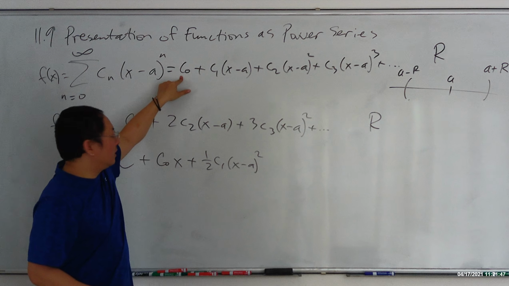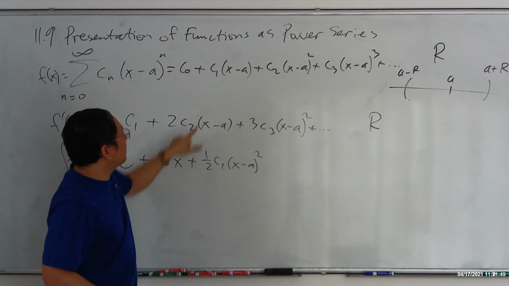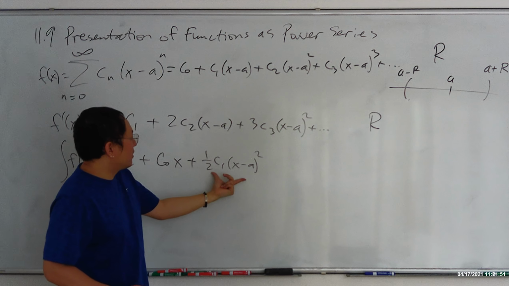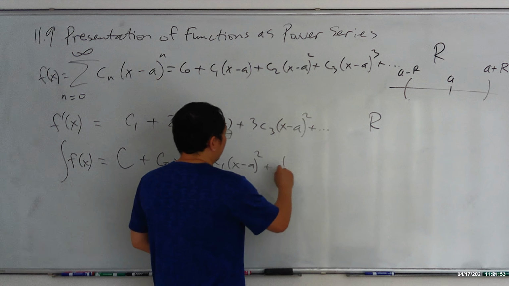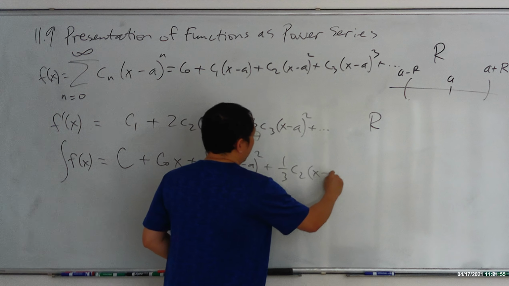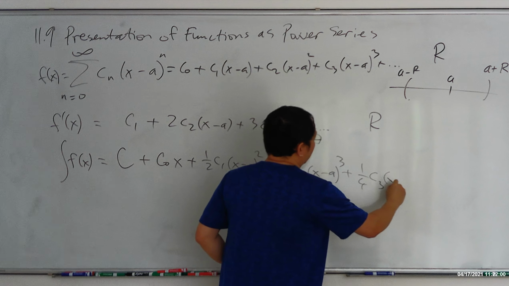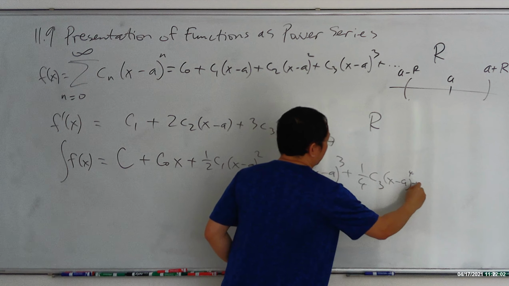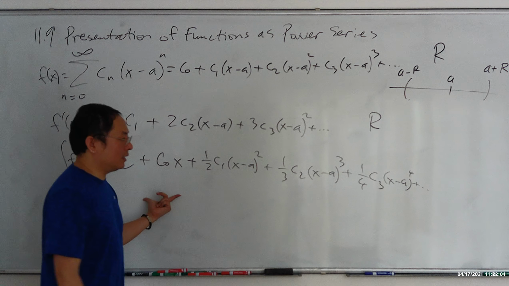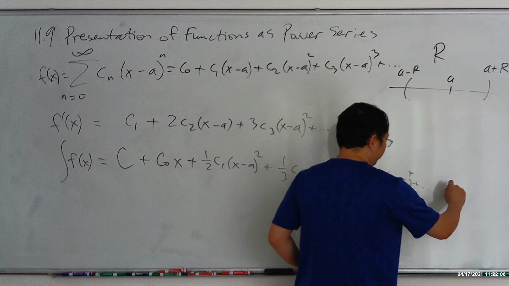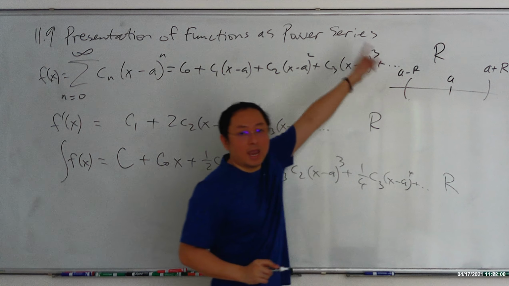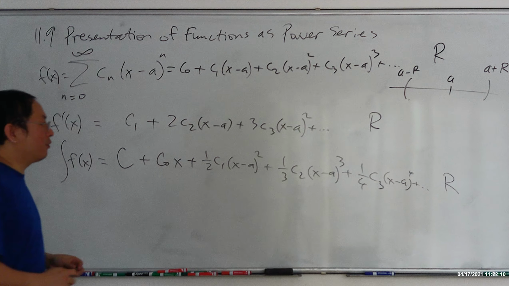A constant's antiderivative is going to be constant times x, it's x minus a. Plus 1/3 C2 times x minus a cubed plus 1/4 C3 times x minus a to the 4th plus and so on. And this series is also convergent with radius r. Same r, same center, same radius of convergence.